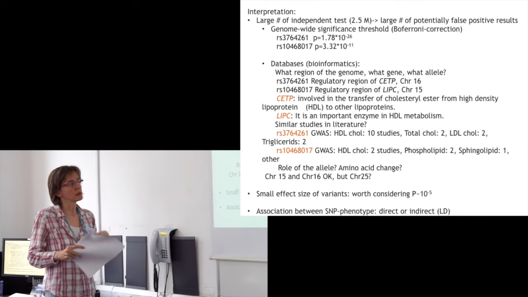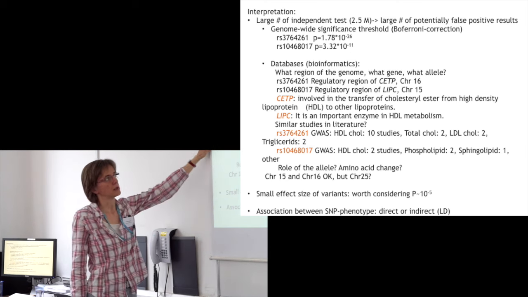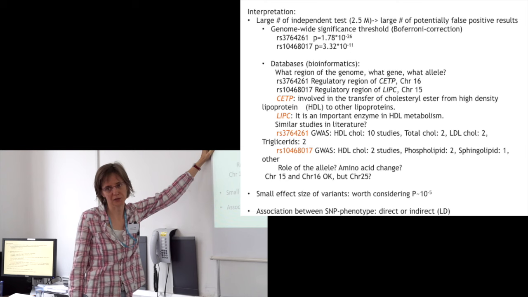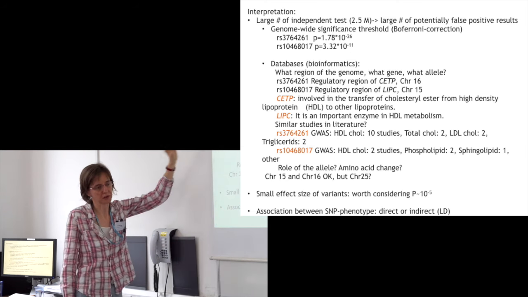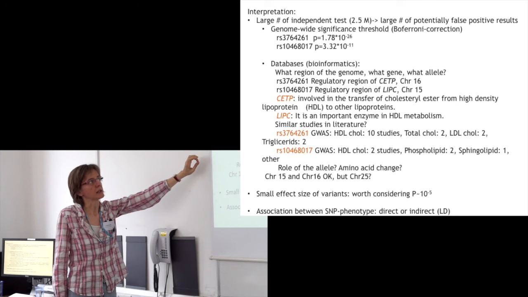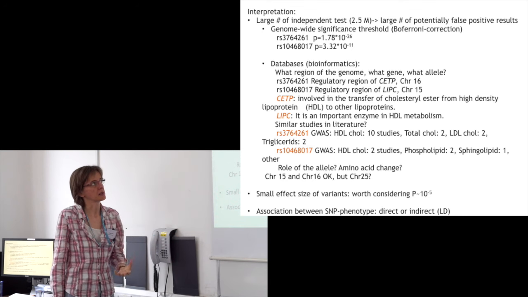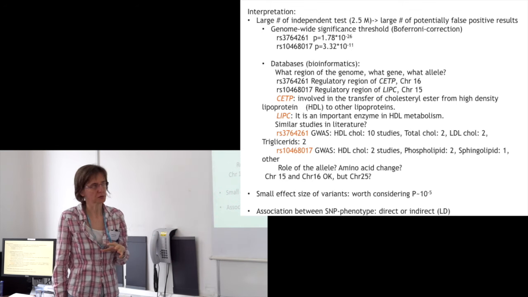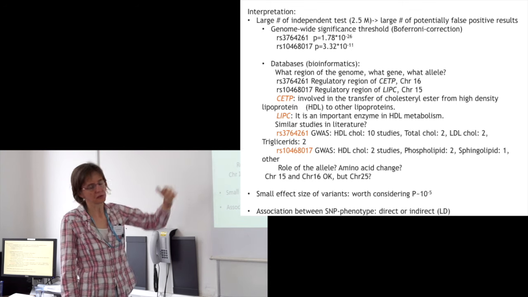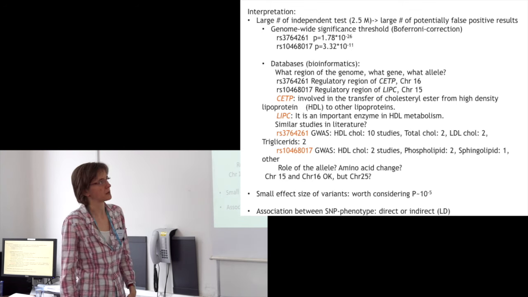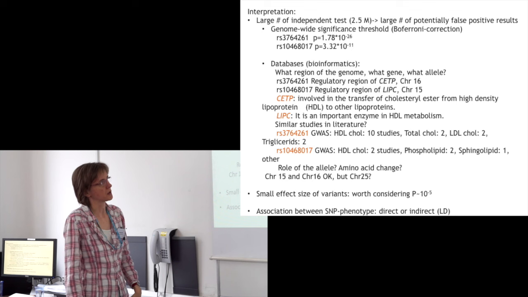Now, the next step is when the hypothesis-free approach has to be paid for, because it is very difficult to interpret the results. You have to check databases, bioinformatics, whatever tools you can find, to assess whether these are real findings or just false positives.